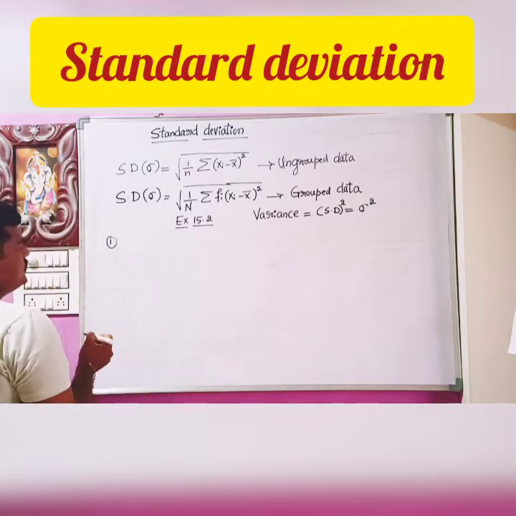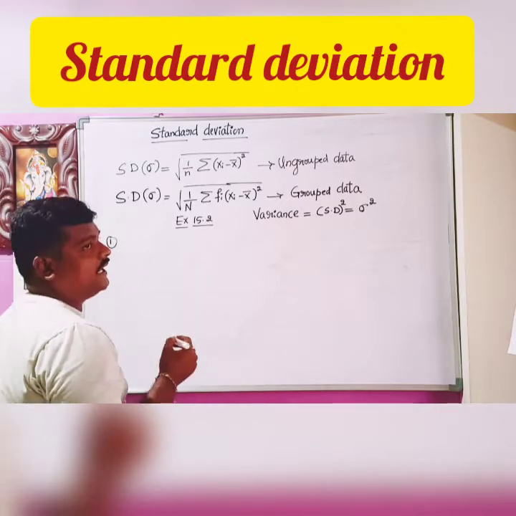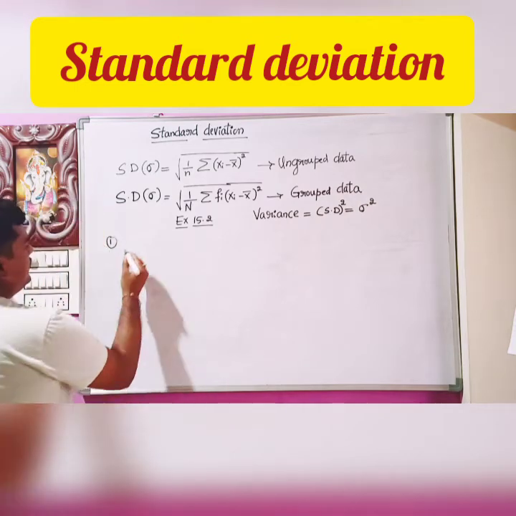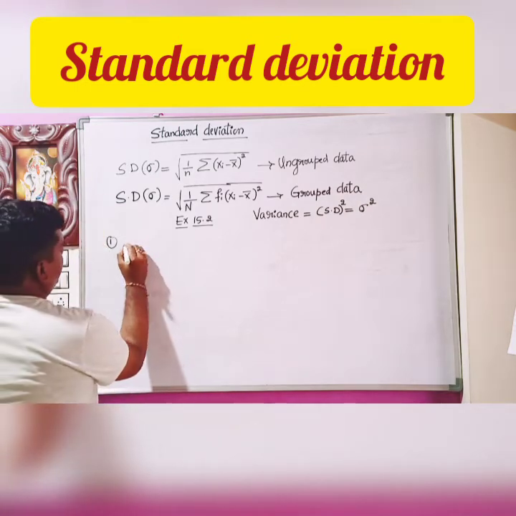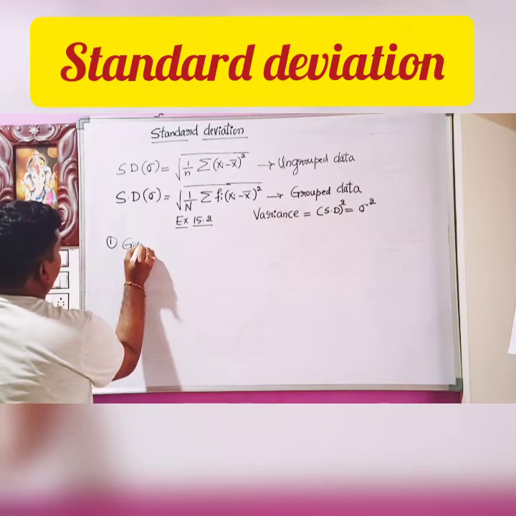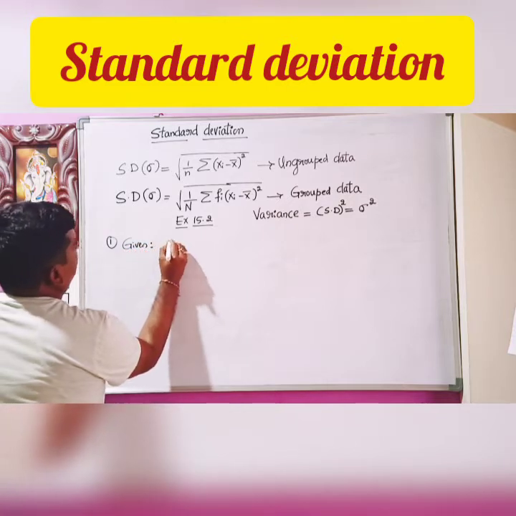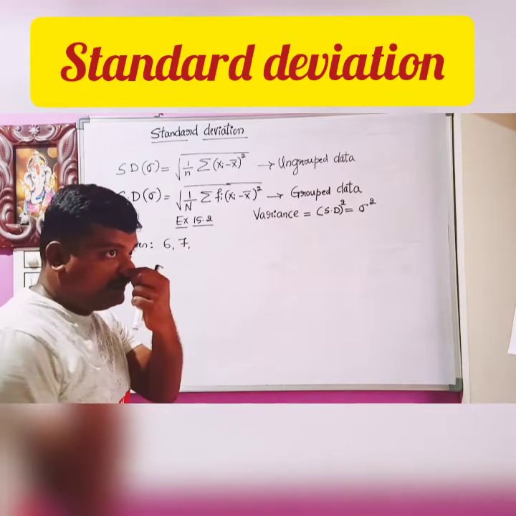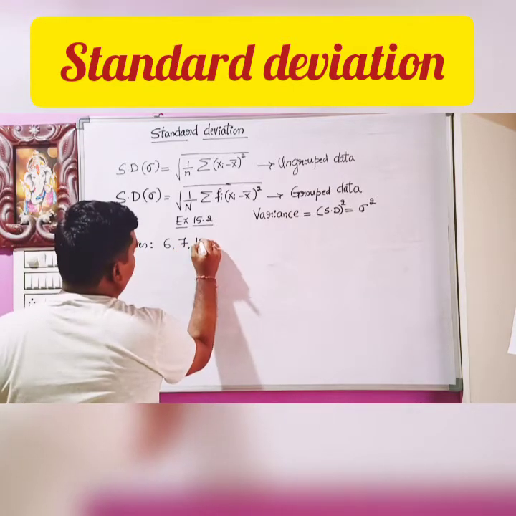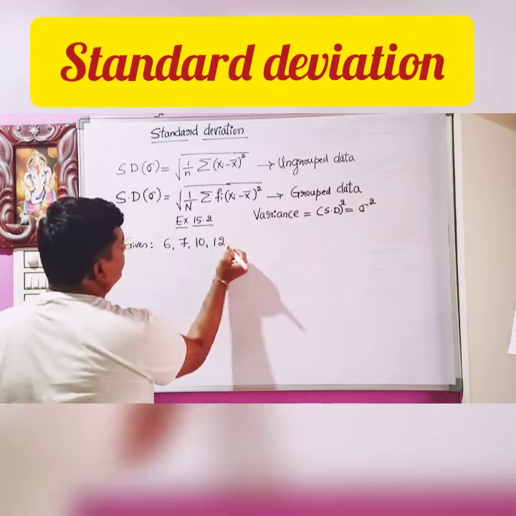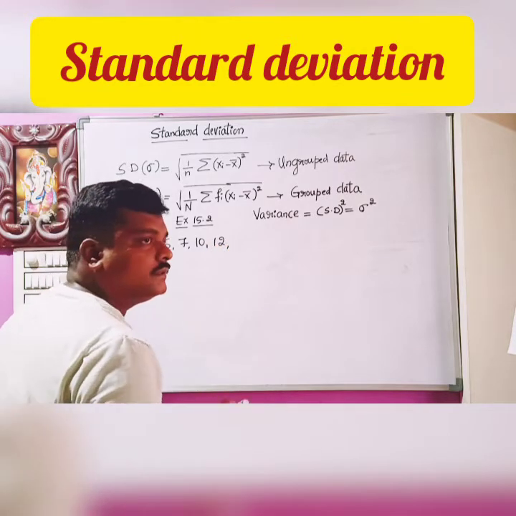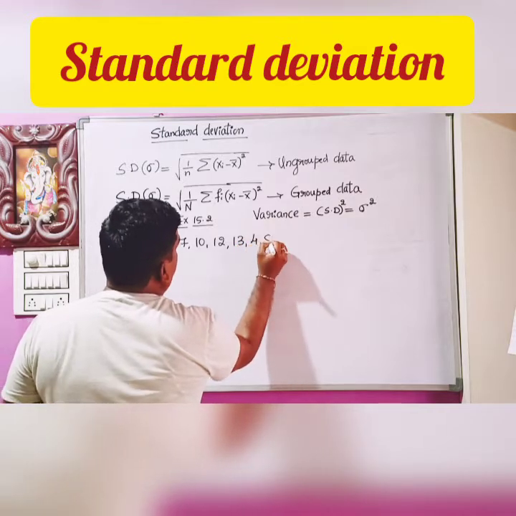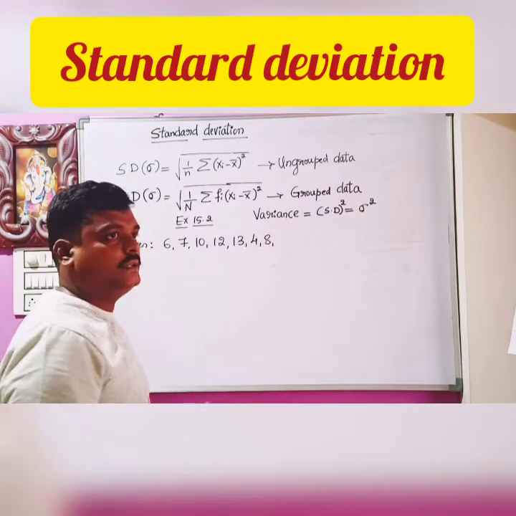So the first question is to find the mean and variance of the data. The data given is 6, 7, 10, 12, 13, 4, 8, 12.